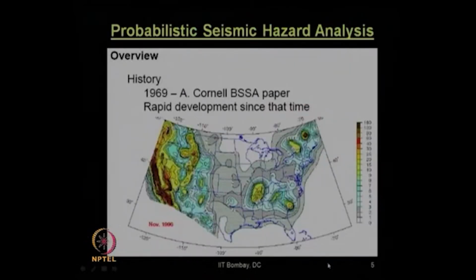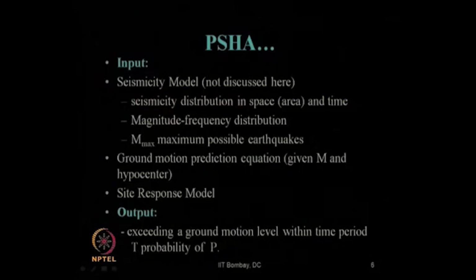We have also mentioned in the previous lecture that for PSHA, or probabilistic seismic hazard analysis, the pioneering work, the credit goes to Cornell. In 1969, this method was first established through this Bulletin of the Seismological Society of America paper, BSSA paper.